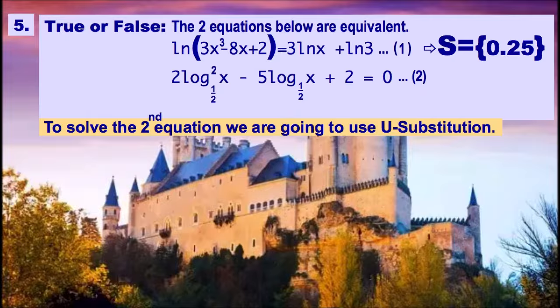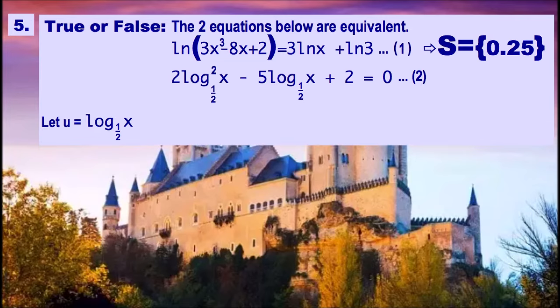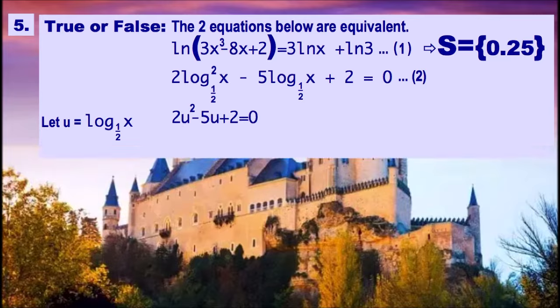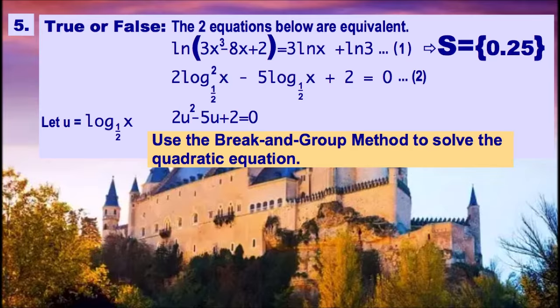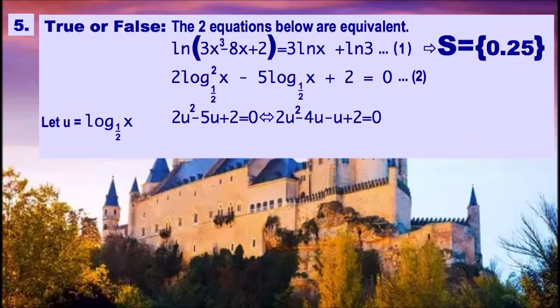To solve the second equation, we are going to use u substitution. Let u equal log base 1/2 of x, such that the second equation is equivalent to 2u squared minus 5u plus 2 equals 0. Let's use the break and group method to solve the quadratic equation. Equivalent to 2u squared minus 4u minus u plus 2 equals 0.